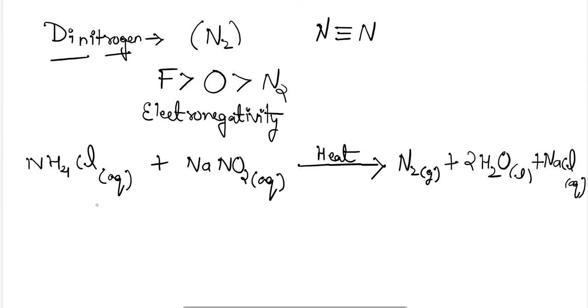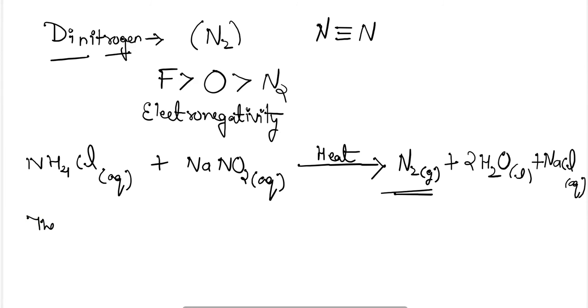So dinitrogen is produced when we react ammonium chloride with sodium nitrite to form dinitrogen, water and NaCl.